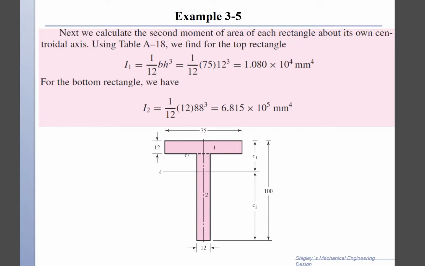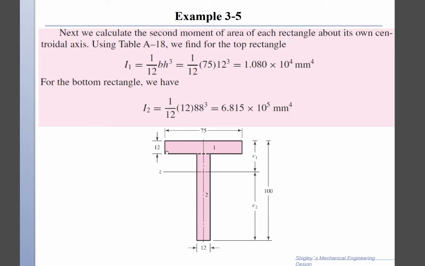So once I know that, I need to find the total moment of area of the two rectangles. As I mentioned in the earlier part of the lecture, I is equal to BH cubed over 12, and H is the dimension about which you have the moment. So here is the depth. I cannot just add them directly.